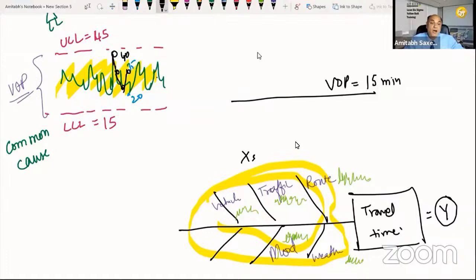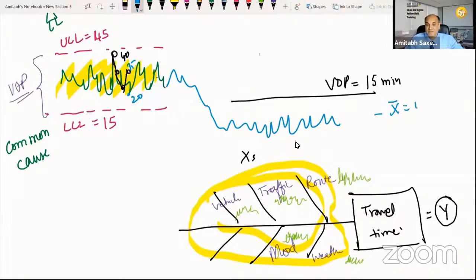Okay. Now I can say, I need to change my whole process from here to here. I have to change my average traveling time to 10 and standard deviation to 1.